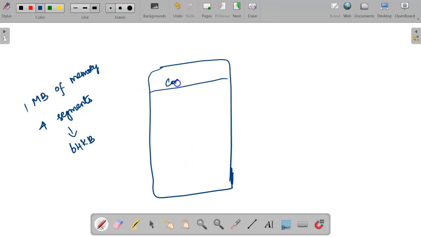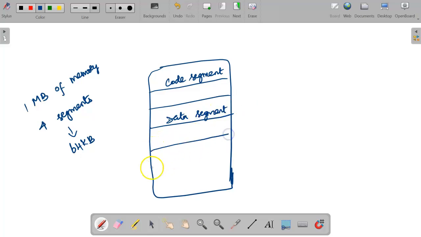One is the code segment, another is the data segment, another is the stack segment, and another is the extra segment. So we have totally 4 segments in the memory unit of 8086.